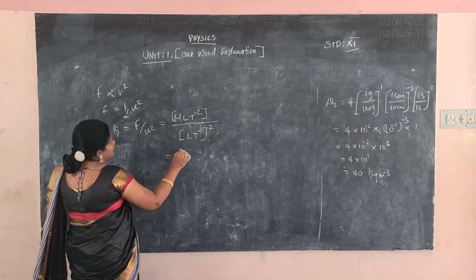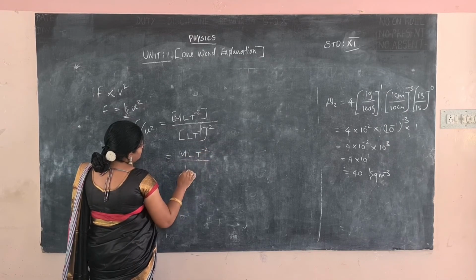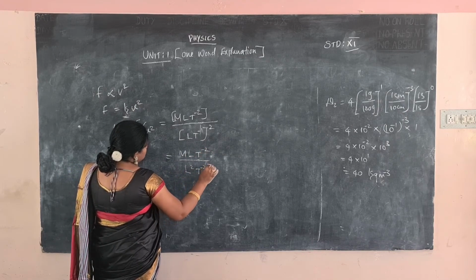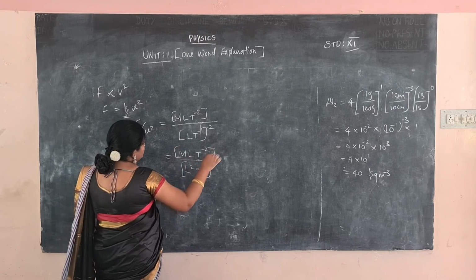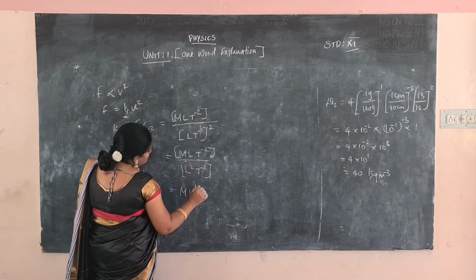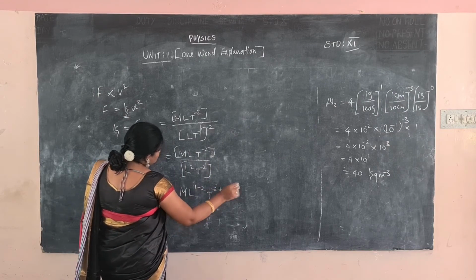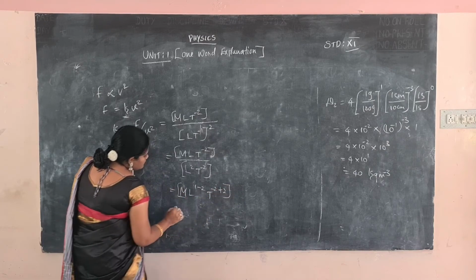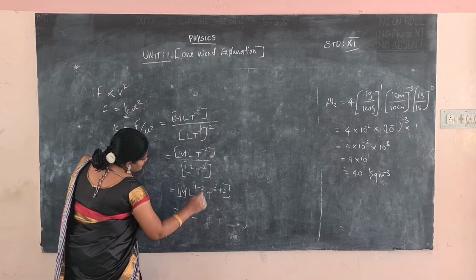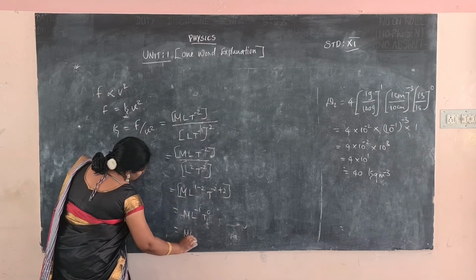So in the numerator M L T power minus 2, the denominator L square T power minus 2. Okay. The common terms: M, L power 1 L power minus 2, T power minus 2 minus 2 plus 2. So M L power minus 1 T power 0. So the answer is M L power minus 1.